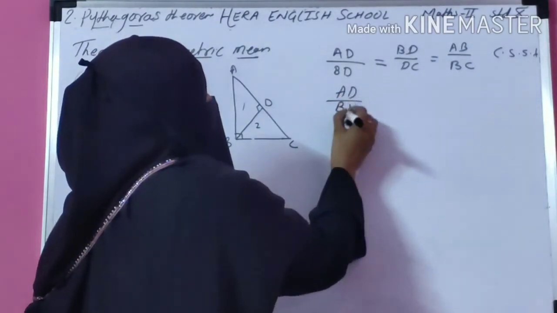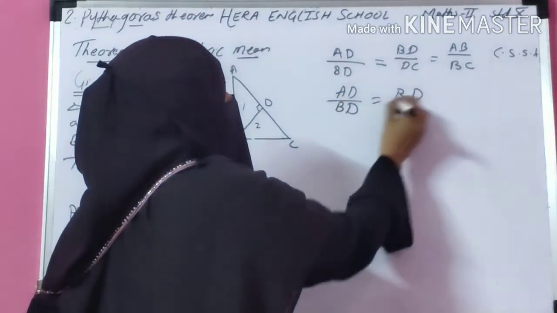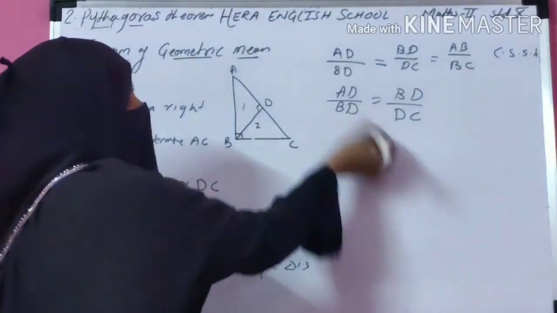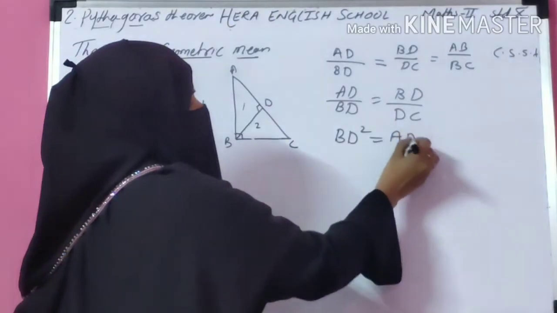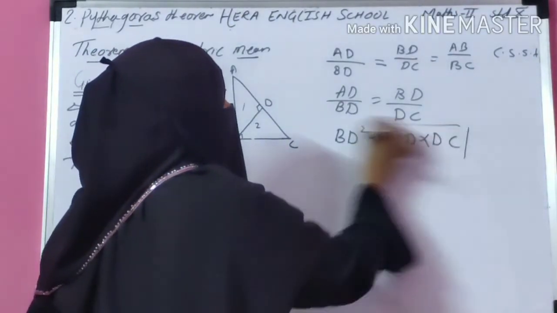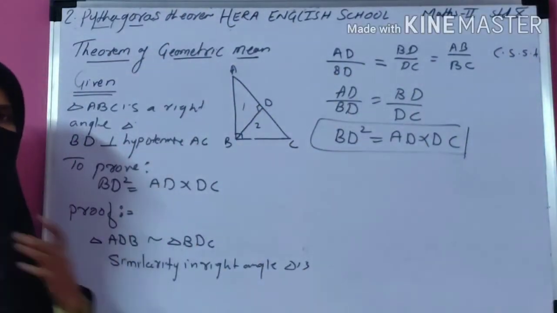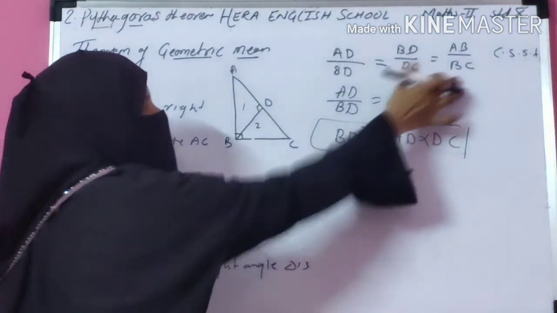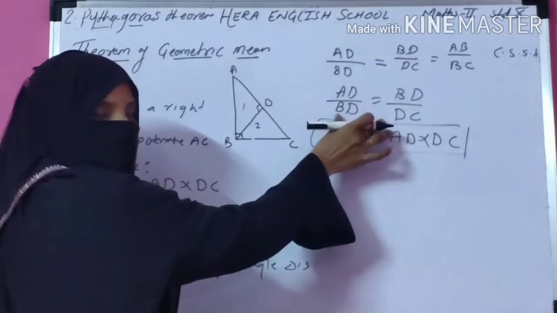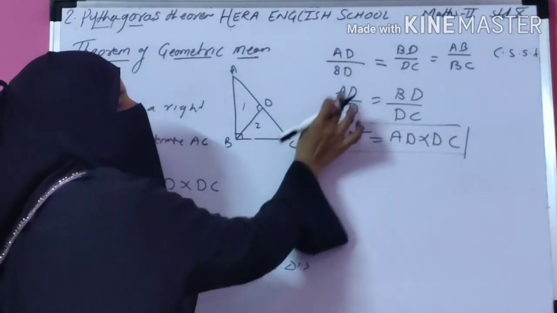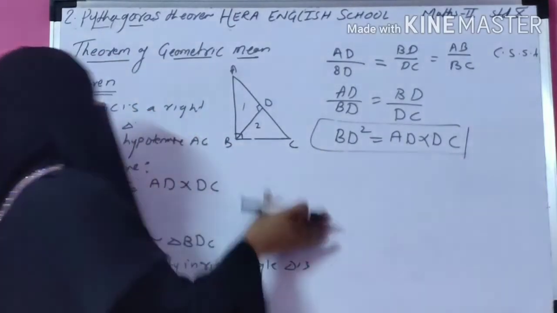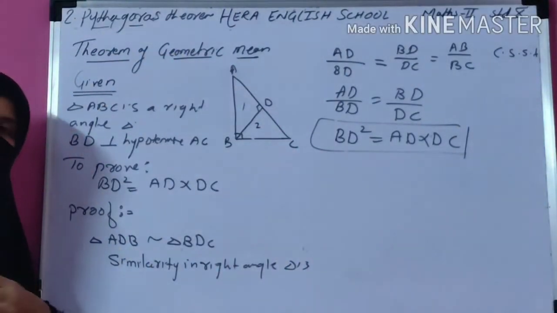AD upon BD is equal to BD upon DC. Now cross multiply: BD into BD, that is BD square, is equal to AD into DC. This is the theorem of geometric mean.